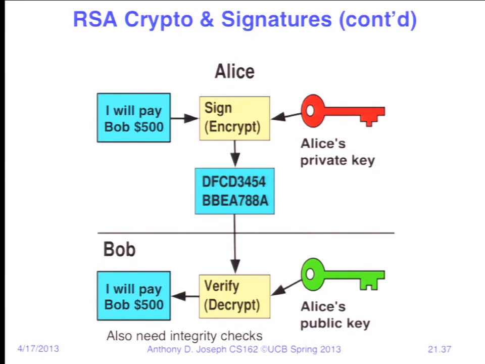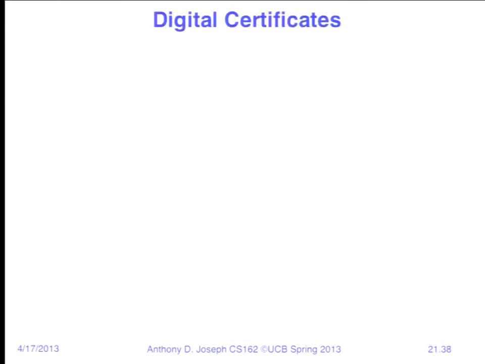Okay, so we can pull all of this together and ask a very basic question. How do I get Alice's public key? This is where digital certificates come into play. There are many different ways that we could get Alice's key.